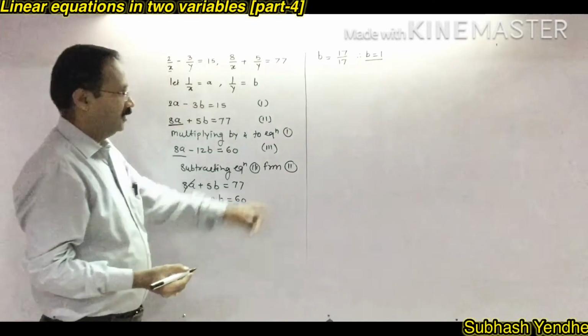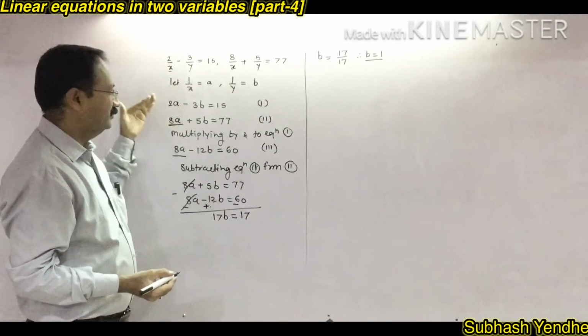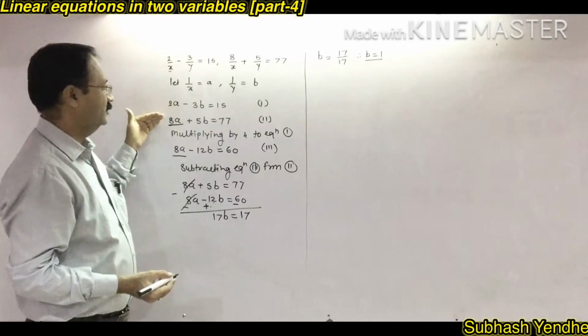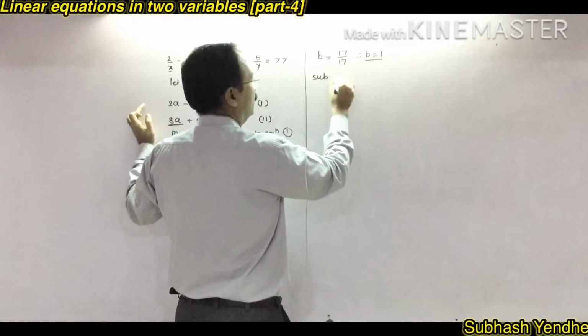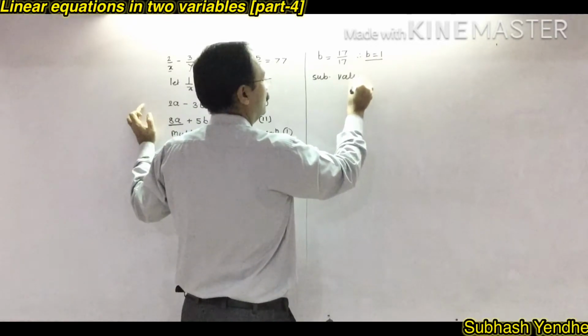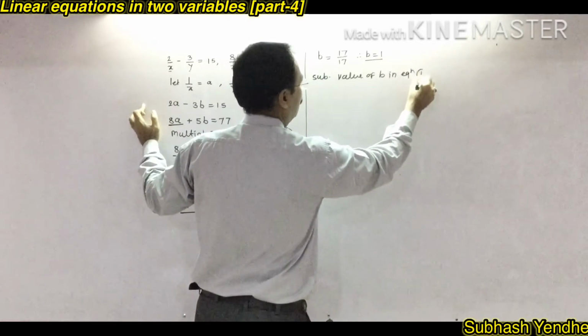Therefore the value of b equals 1. Now we can substitute the value of b in equation 1 or 2. I am going to substitute the value of b in equation 1.